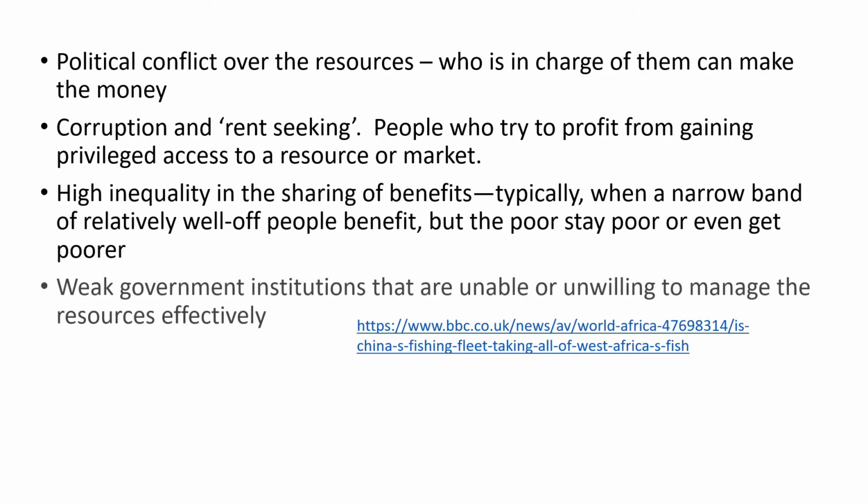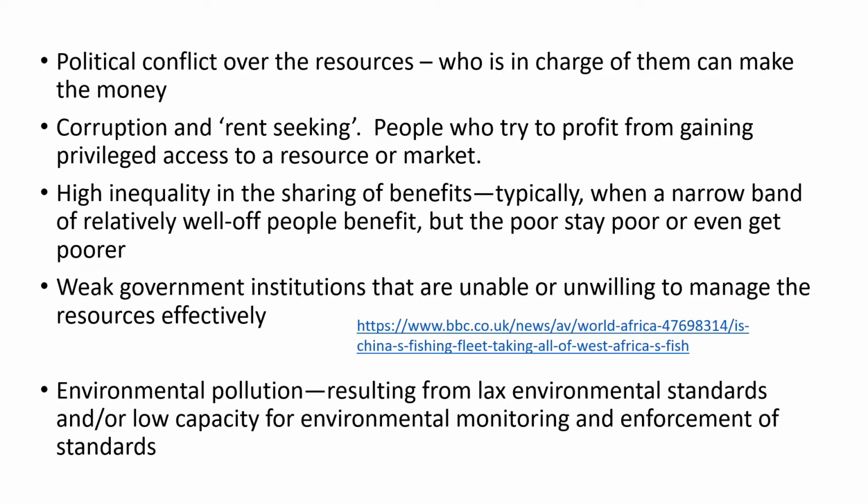But this is the sticking point. I then need to introduce you to something called the resource curse, which is where it all tends to go wrong in sub-Saharan Africa. The resource curse is explained on page 17, and all of this is written on page 17 for you.